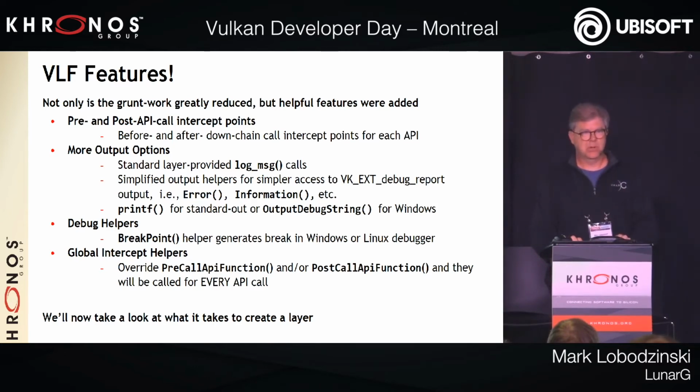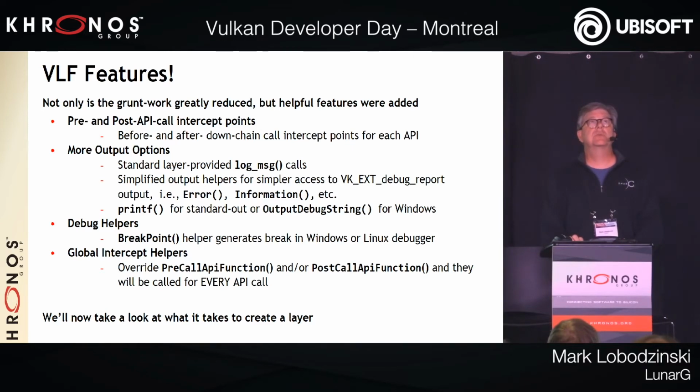The log message call, if any of you used it, is fairly cumbersome, and we're going through the process of making that easier to use. But there's several easier ways to get output from the helpers in the layer factory. There's some debug helpers, and then there's also a couple of helpers so that if you want to intercept every API call, you can just overload that function, and that happens for you automatically.